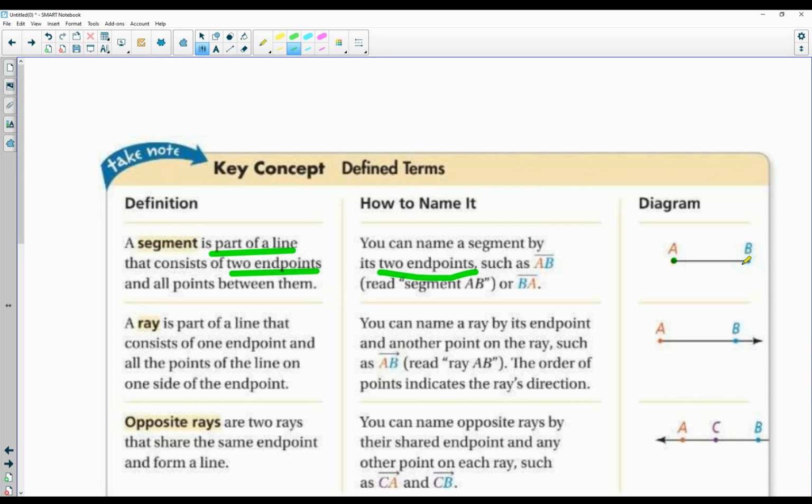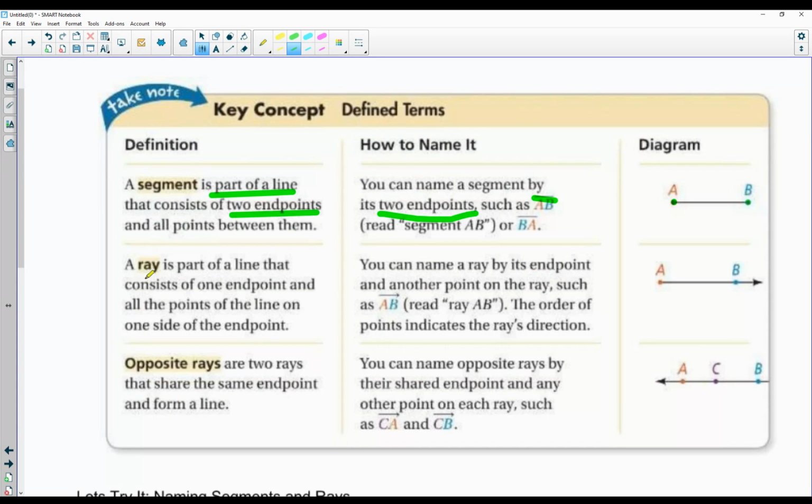So you look at the segment, you look at the two capital letters on the end in either direction, and above it is just that line without arrows. That shows that it's segment AB. So a segment is a part of a line, can be measured because it has endpoints. Those two endpoints name the segment with a little bar on top of it.